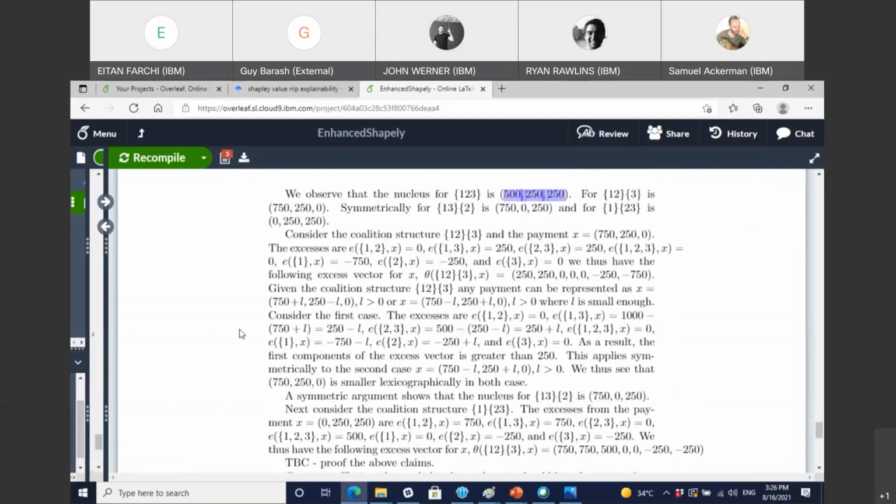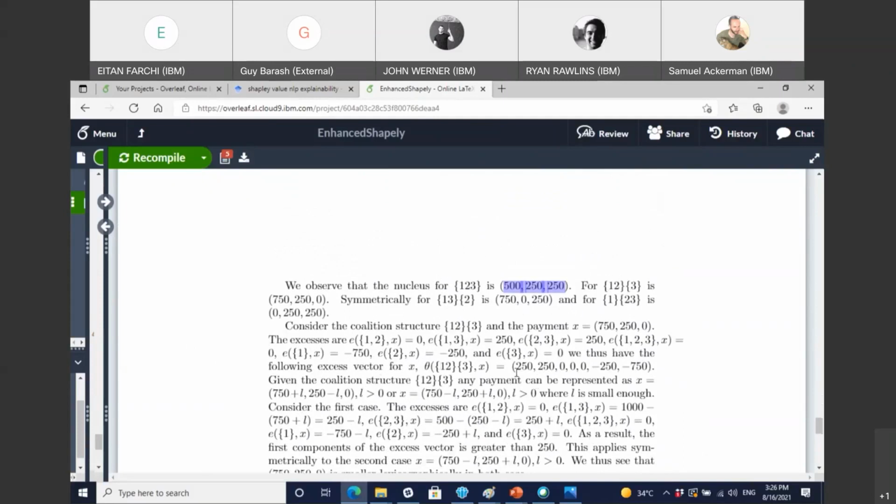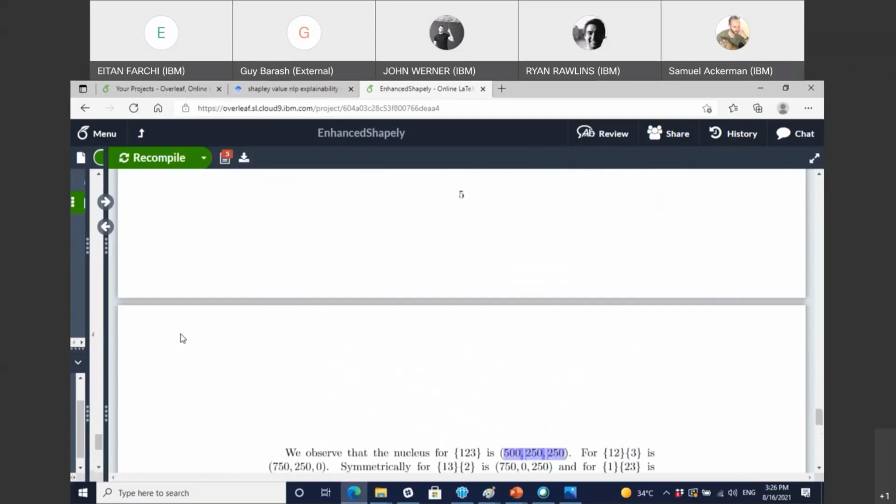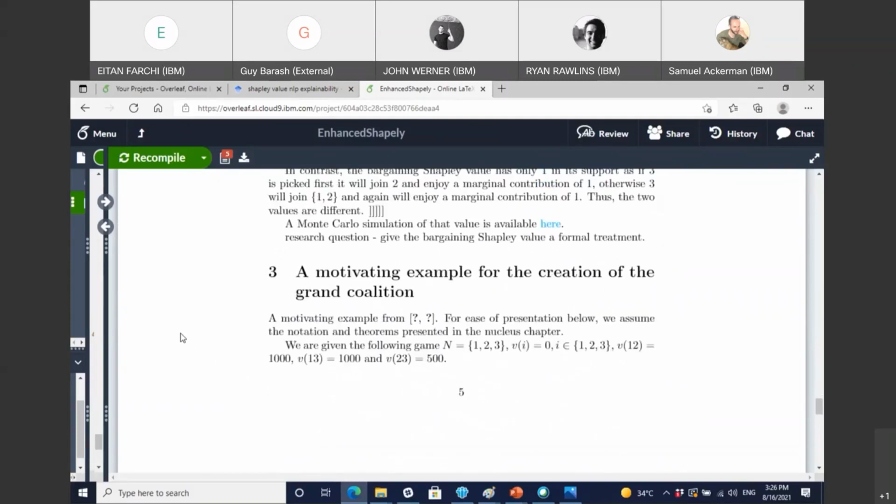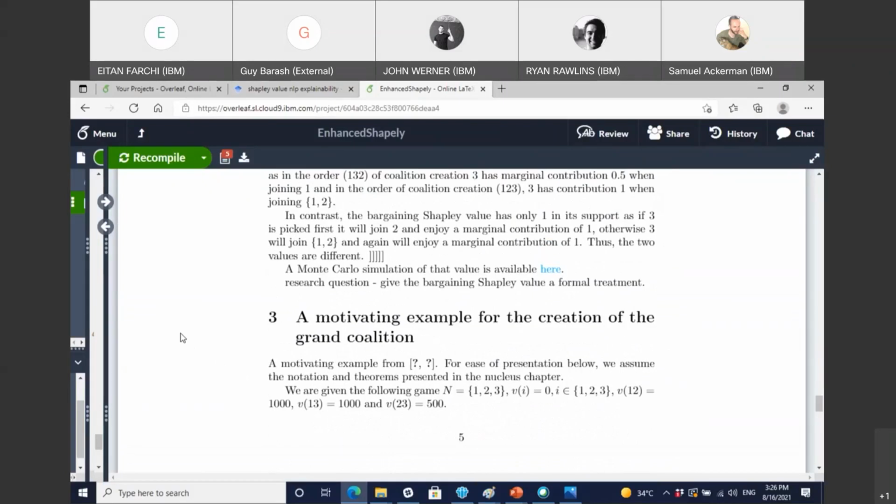It's the lexicographic minimum of the excesses ordered in descending order. And maybe that could also be used for machine learning instead of only Shapley formulas. Think about it and think about what Guy suggested. So thank you very much for joining, and we'll continue next time.